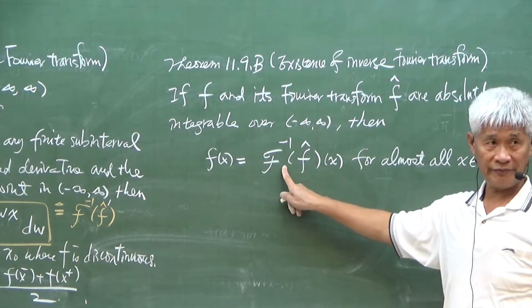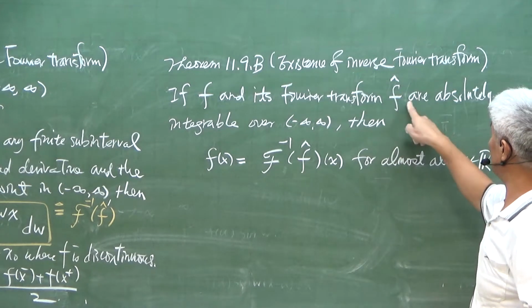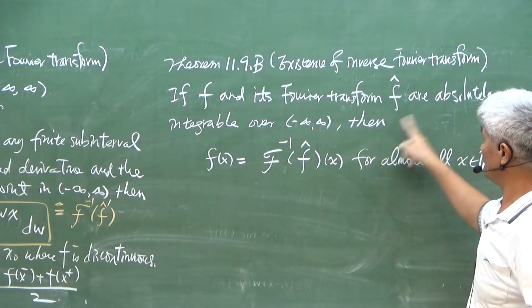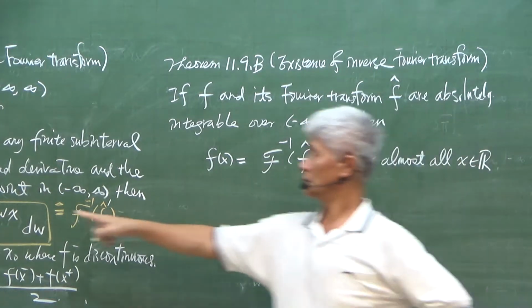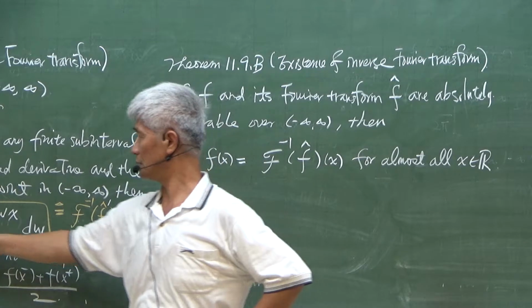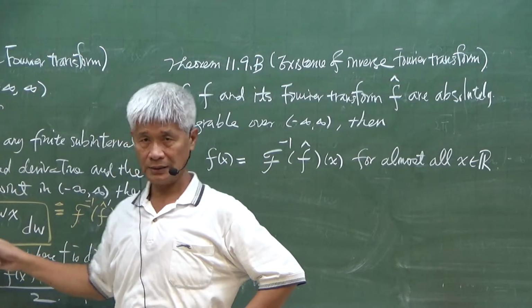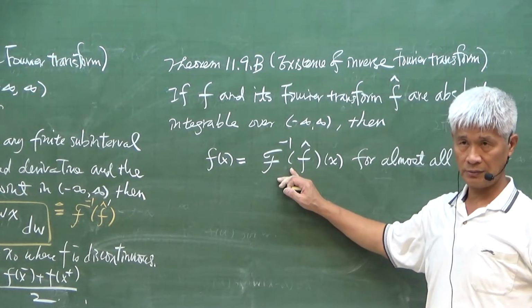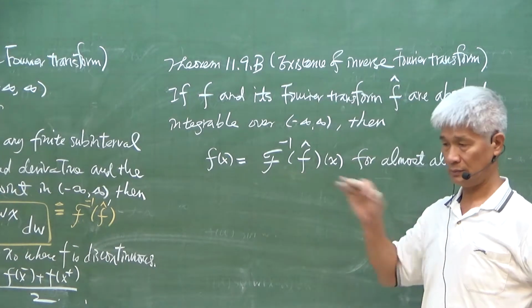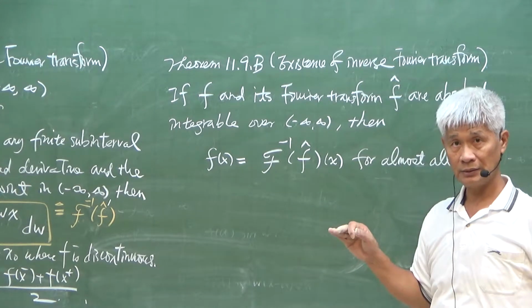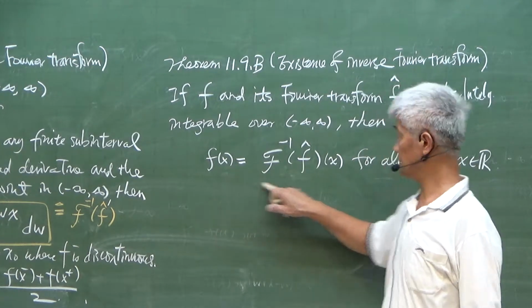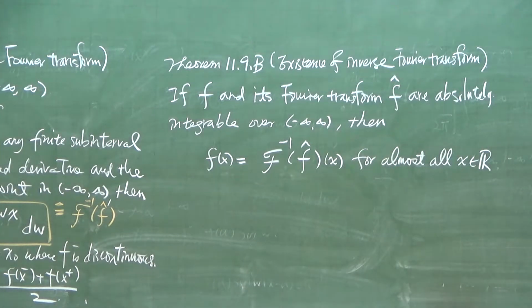The existence of the inverse Fourier transform is because f hat is absolutely integrable, so this transform exists. And this is a function of x defined on the whole real line, and this function will be equal to the original function f of x for almost all x.